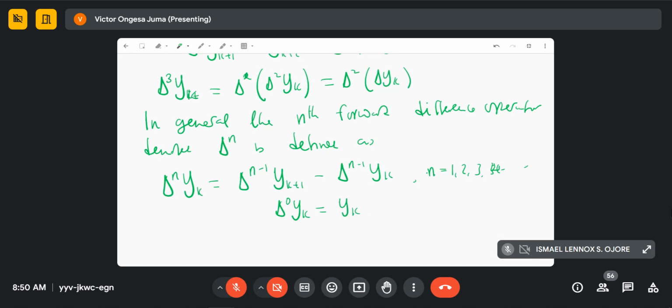So we are constructing here a recursive relation. Do you know what I mean by recursive relation? Is it something repetitive?